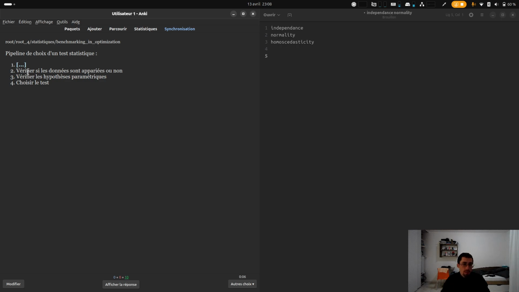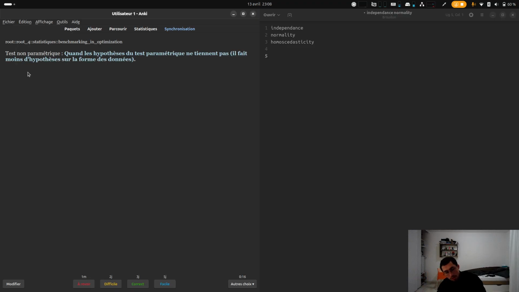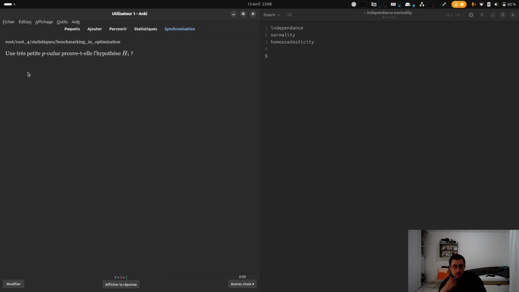Check for group numbers. Two groups, non-parameterized tests. You use them when you cannot check independence, homoscedasticity, normality.